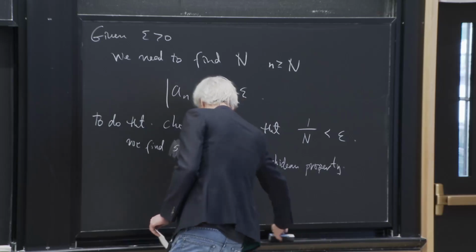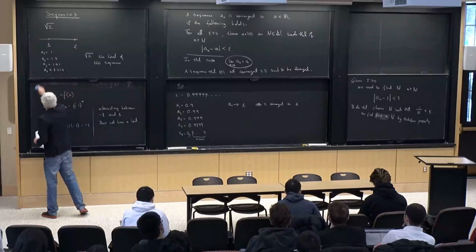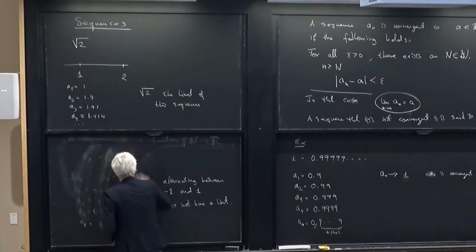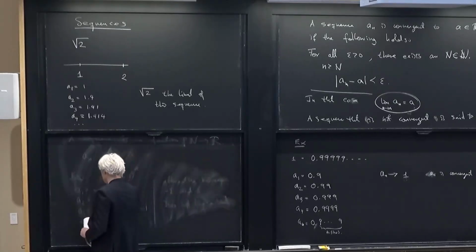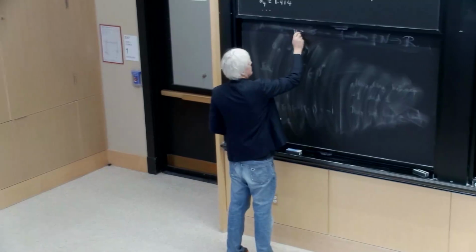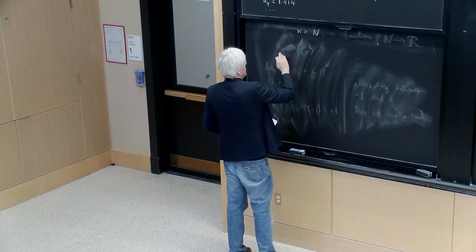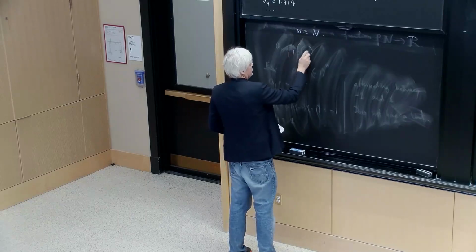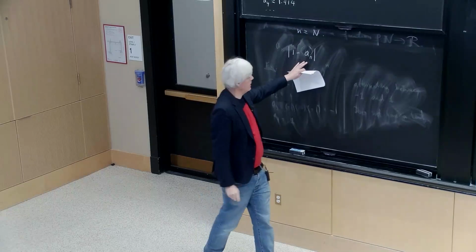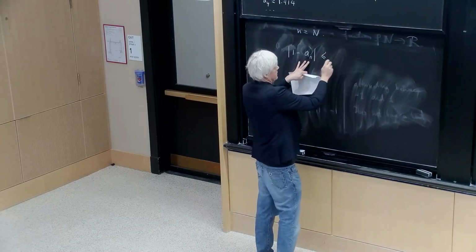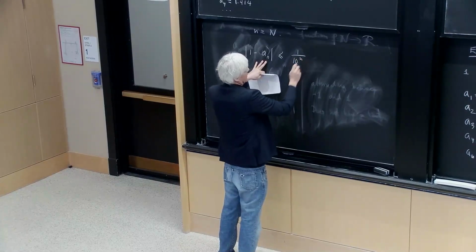But now you see, if you now look at little n that is bigger than capital N, then you have that 1 minus A_n, well, 1 minus A_n, actually for all n, is less than 1 over 10 to the power n.